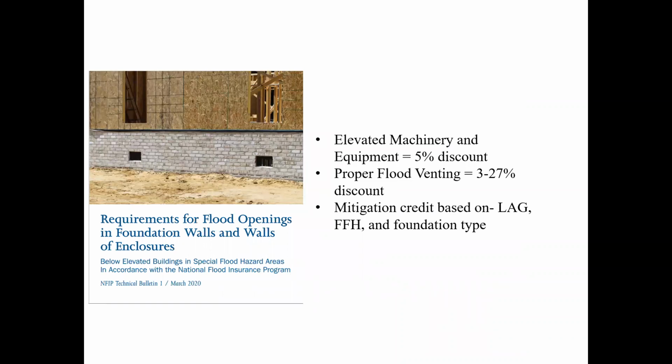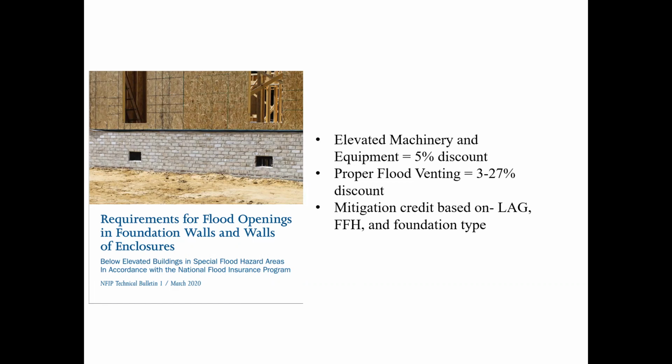So one last time on the mitigation discounts. So elevated machinery equipment to the height specified based on your foundation will get you a flat 5% discount. Proper flood venting in the appropriate foundations will get you between a 3 and 27% discount. And that's dependent on all of your other variables where that discount is going to land as far as percentage.